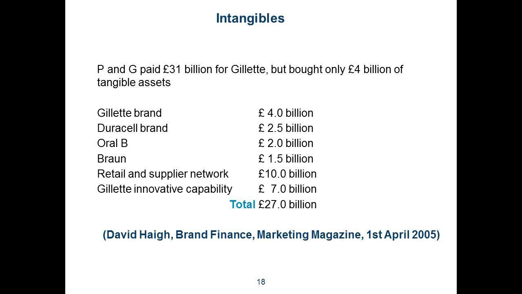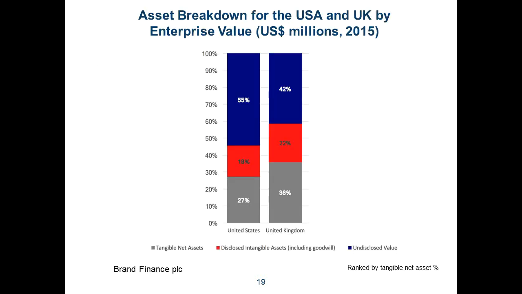Procter & Gamble, who obviously are no idiots, paid £31 billion for Gillette, but got only £4 billion worth of tangible assets. Likewise, when Nestlé bought Rowntree's, the last thing they wanted was a factory in York. Obviously what they wanted was the brand names and the relationships with customers rather than a factory.